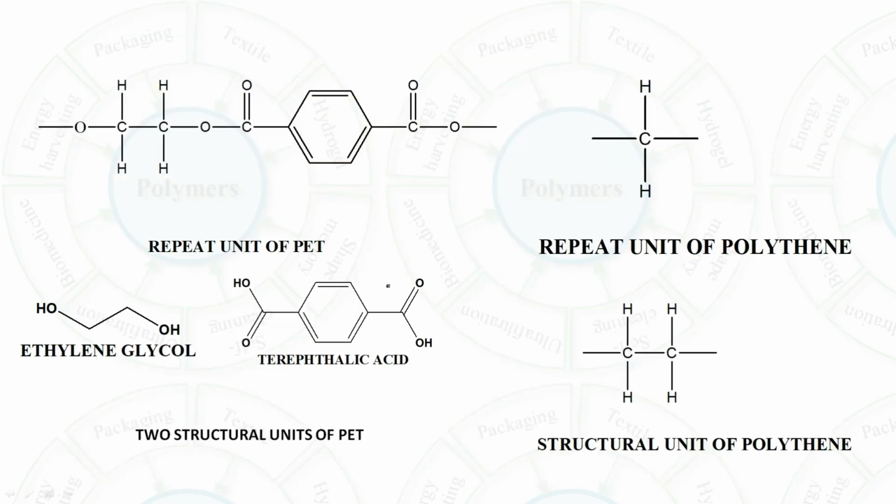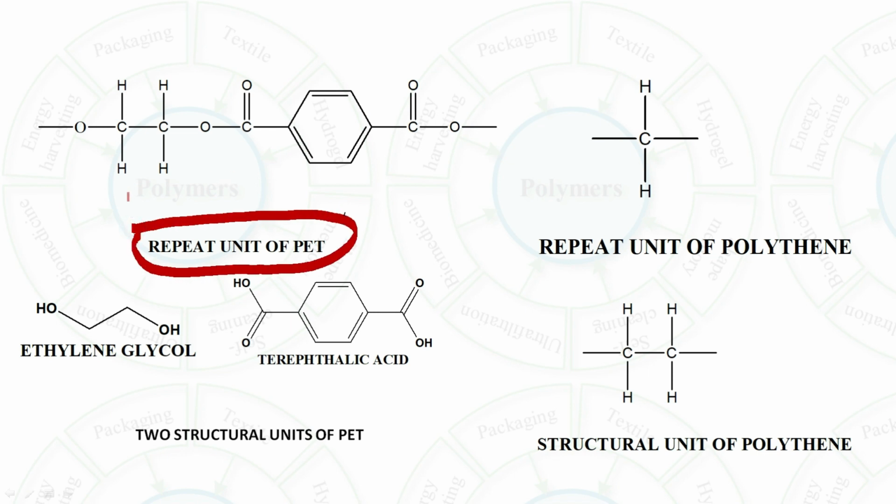And see the difference between the structural unit and the repeating unit. This slide is of immense importance, right? So what you can see here is the repeating unit of your PET. PET is what? Polyethylene terephthalate.